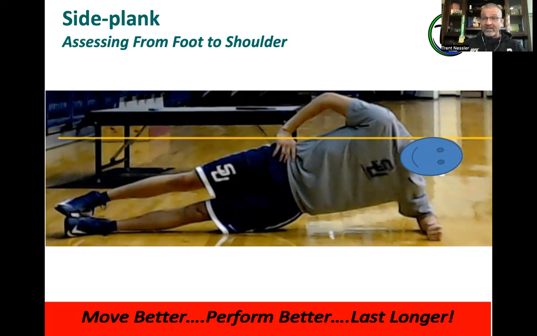That means the individual is 3 times more likely to suffer an ankle sprain simply because they cannot stabilize their ankle in a neutral position in a side plank. No one ever told me I could use a side plank to look at someone's ankle and get something clinically meaningful from that.